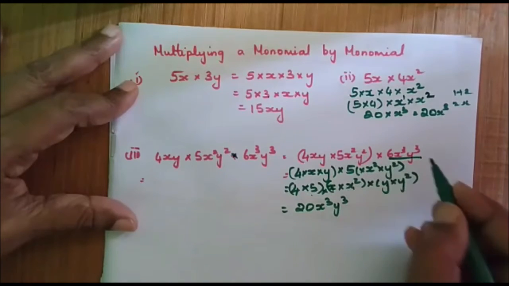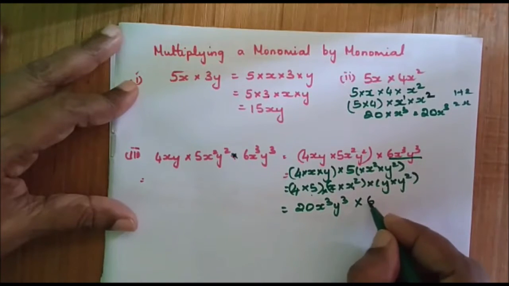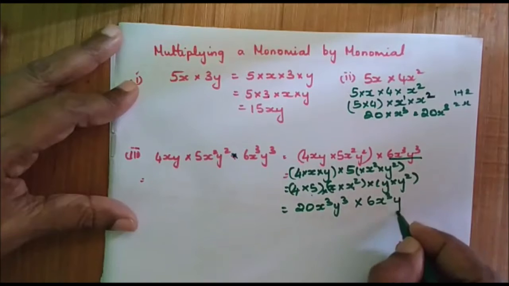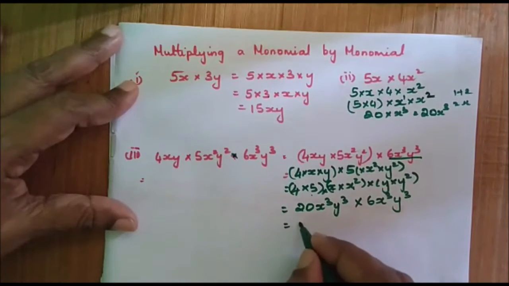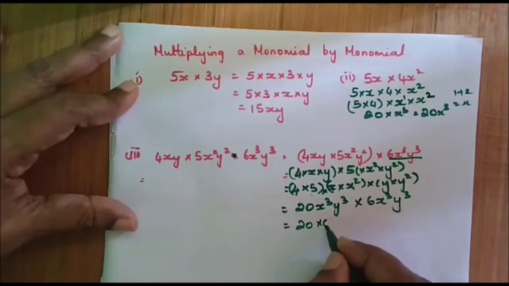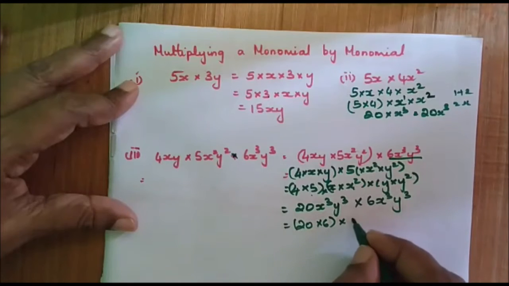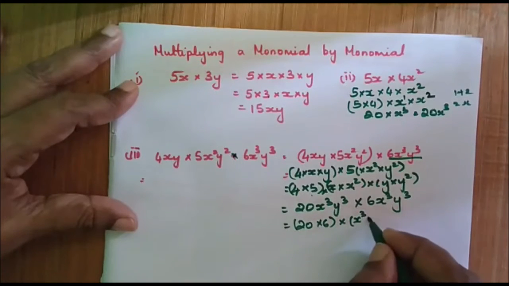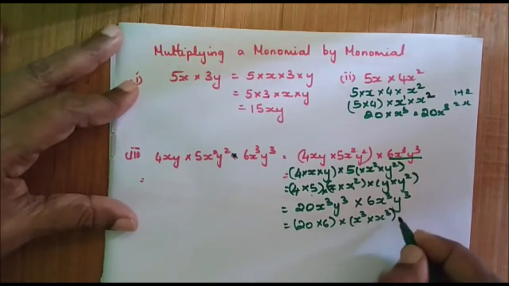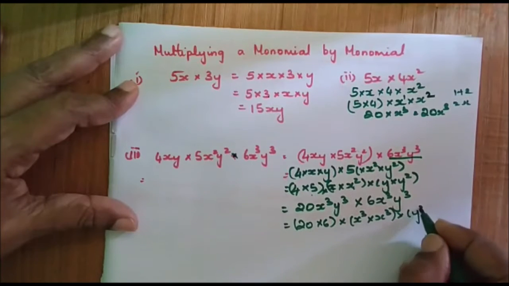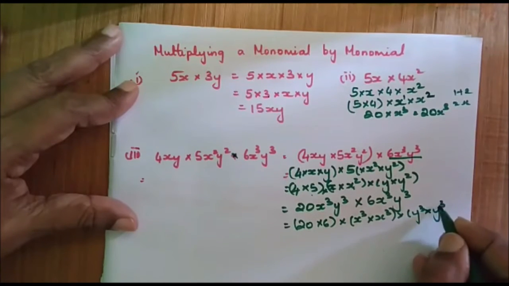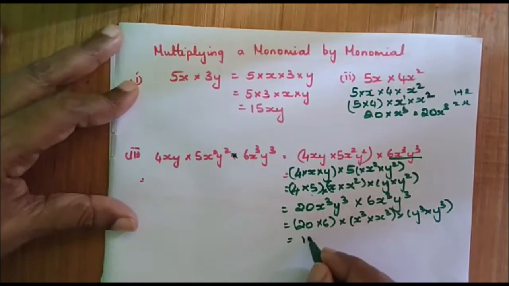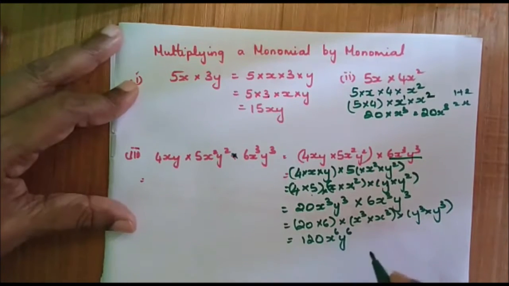Now we have to bring this term, this into 6x cubed y cubed. This can be written as 20 into 6, then x cubed into x cubed, and y cubed into y cubed. So this is nothing but 120 x to the power 6 y to the power 6.